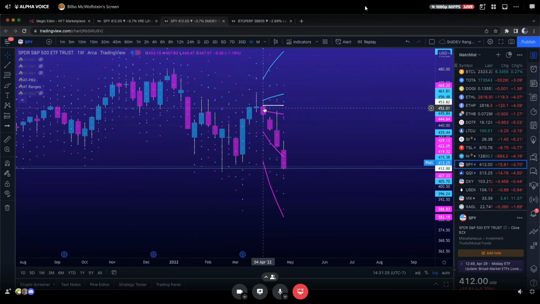It rejected off the top side of the 68.3, dumped down, almost got to the first standard deviation normal distribution, pulled back up. There literally was a 68.3% chance this candle closed inside the pink line. Didn't quite happen. Closed right there.